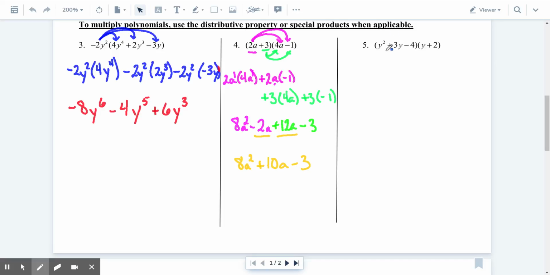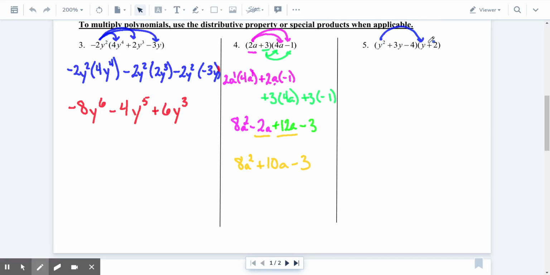Let's take everything in this first set of parentheses, so the y squared, the 3y, and the negative 4, times everything in the other parentheses. So if you want to be very systematic about it, start with your first term here, this y squared, and multiply it by the other set of parentheses. So we have y squared times y.